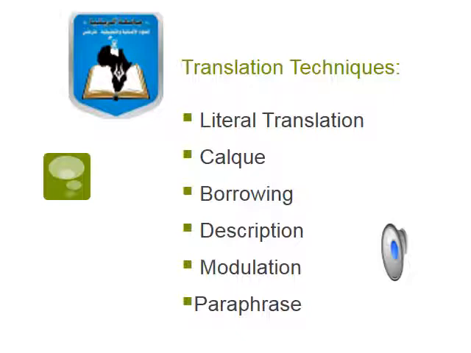And now we look into calque translation. This is a translation technique to borrow the concept of a source language word or phrase through the literal translation of its constituent parts with the aim of creating a target language word or phrase to fill a lexical conceptual gap in the target language.